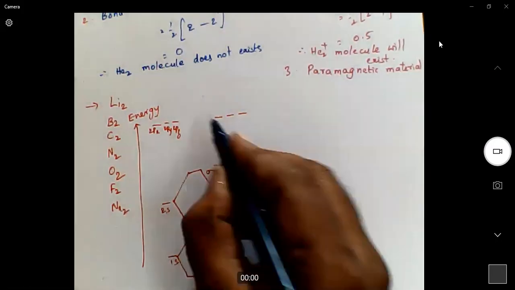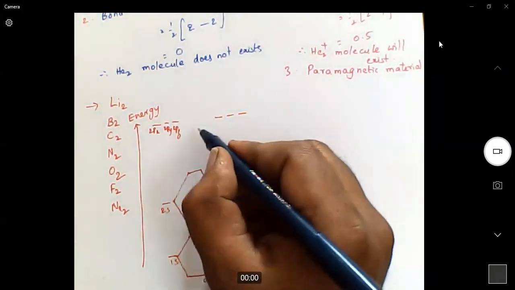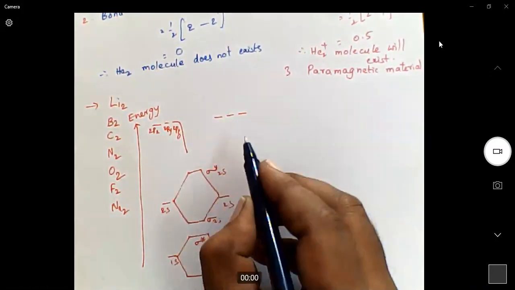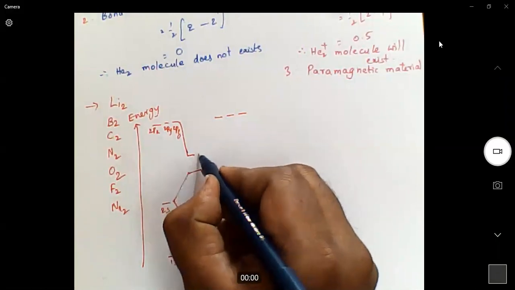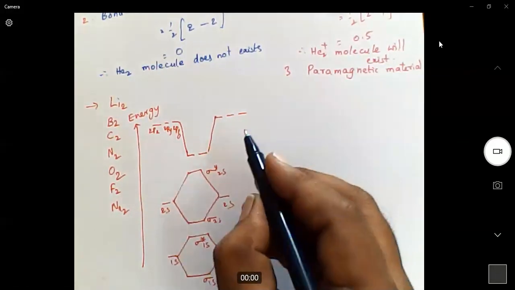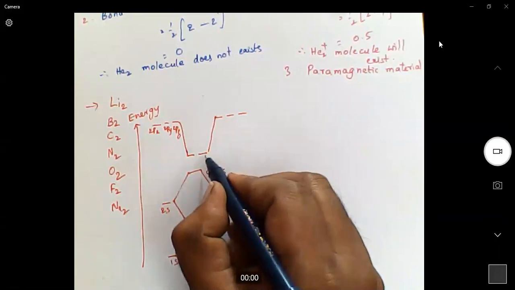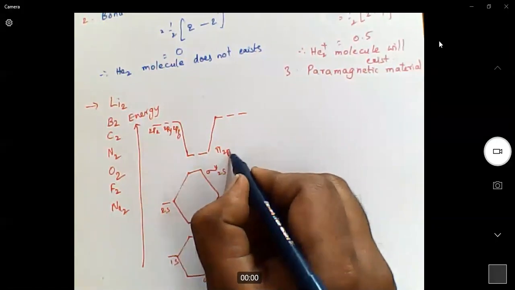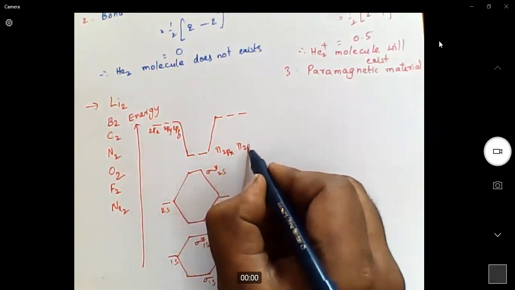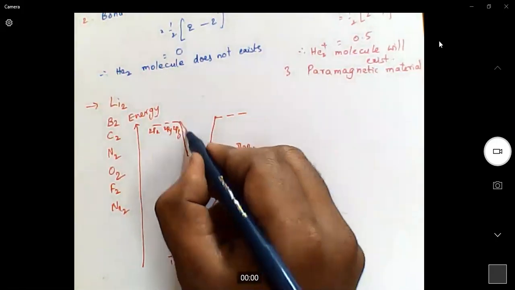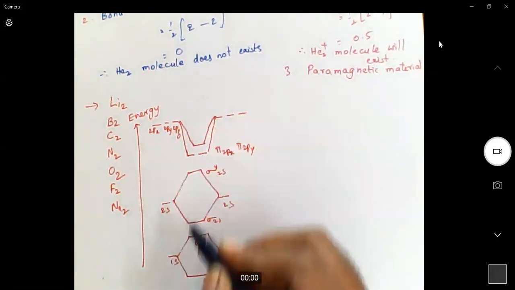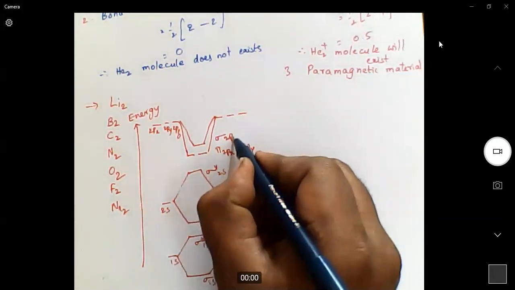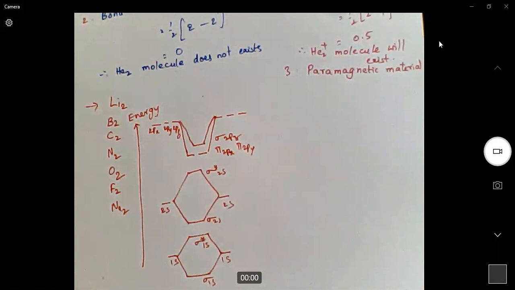When these 3 orbitals mix with each other, they also generate 3 plus 3, a total of 6 MOs. As I said, for atoms nitrogen or less than nitrogen, it is pi 2px, pi 2py. Both of these two pi orbitals have the same energy. Then this is sigma 2pz orbital.